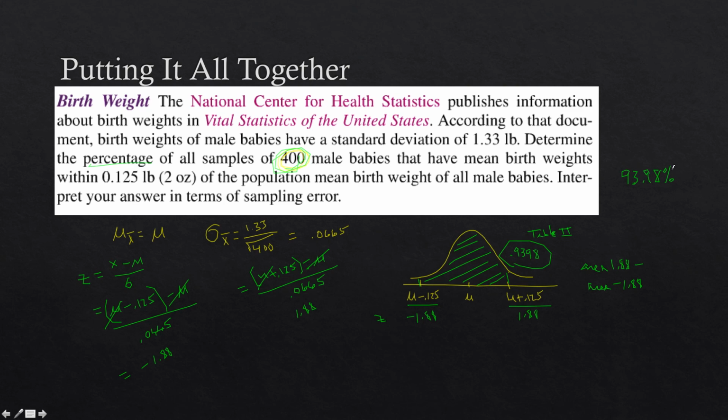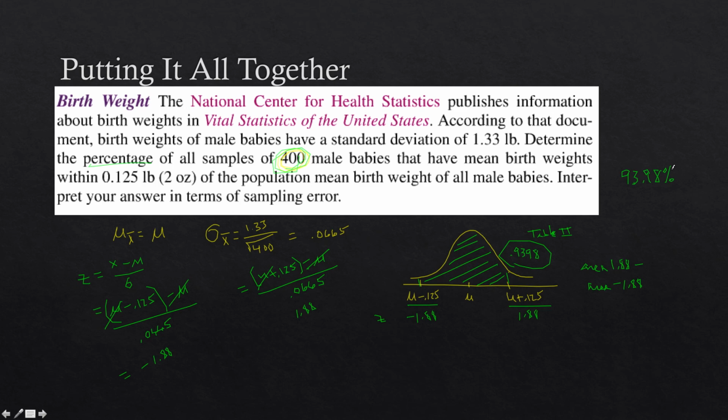How do we interpret this? There's about a 94% chance that the sampling error made in estimating the mean weight of babies lies between negative 0.125 and 0.125 from the mean.